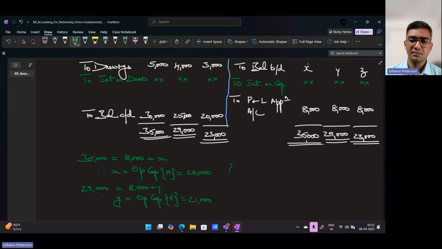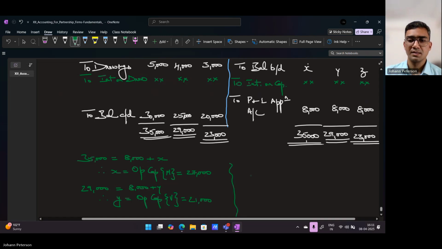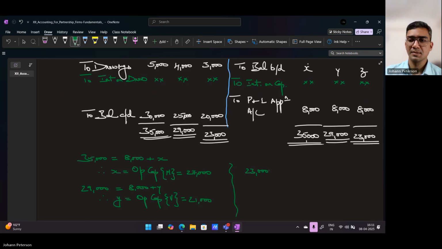And similarly, 23,000 equals 8,000 plus Z, which implies Z, which is equal to opening capital of A, which is equal to 15,000.